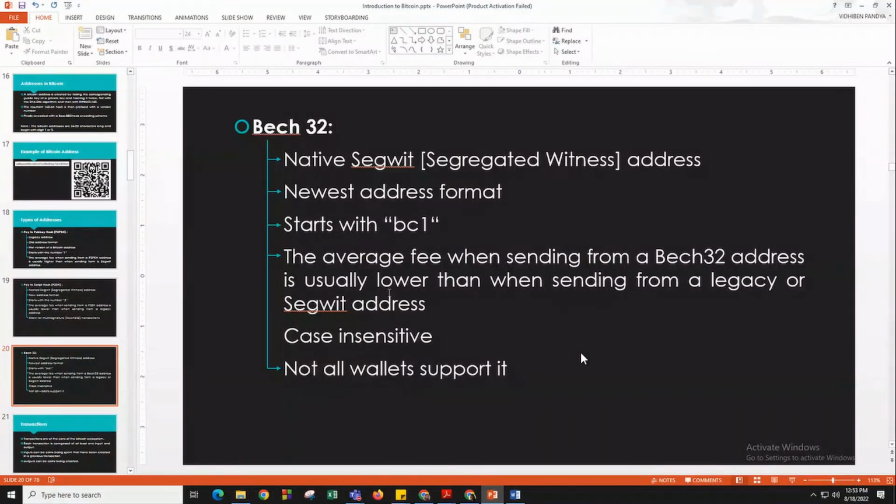But the third one I have included because in the latest format, we are utilizing this bech32 type of address. That is why I have kept it. Okay, so you can write the 3 types of addresses in the examination, and that will be considered a right answer.